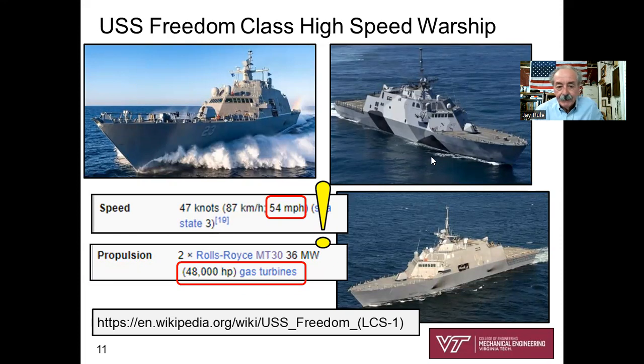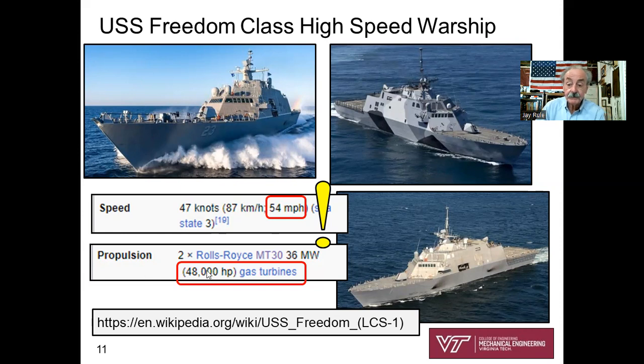So here's some great images of the Freedom class warship, and the rated speed, the maximum speed of this ship is 47 knots. In other words, 54 miles per hour. Imagine that. Imagine a ship this size going through the water at 54 miles an hour. That's incredible. Well, how do we pull that off?